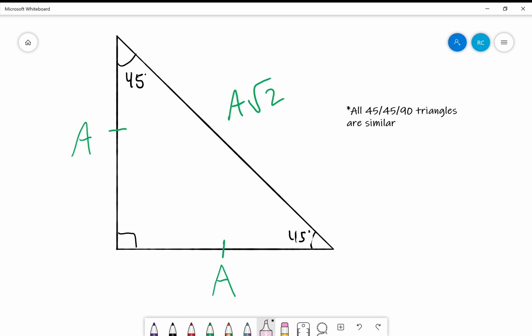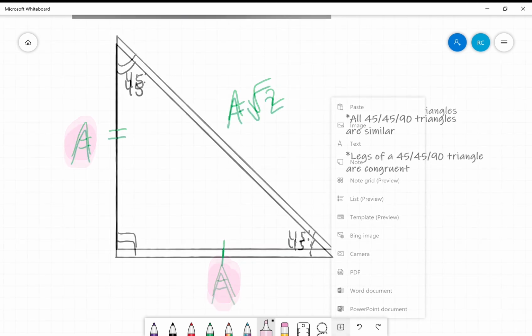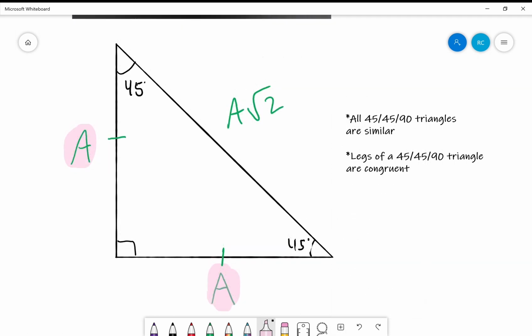We also know that the legs of the 45, 45, 90 triangle are congruent. And then finally, we know that to find the hypotenuse, we take the leg and multiply by the square root of 2.